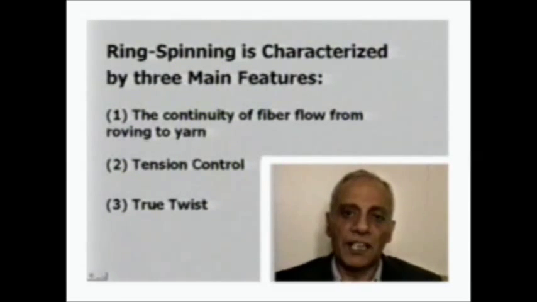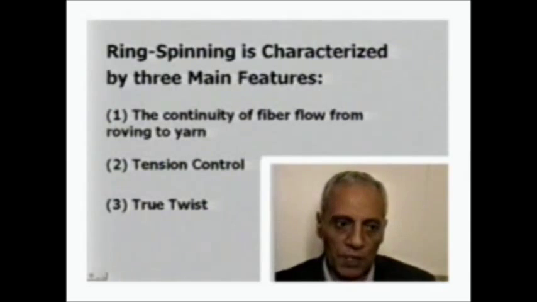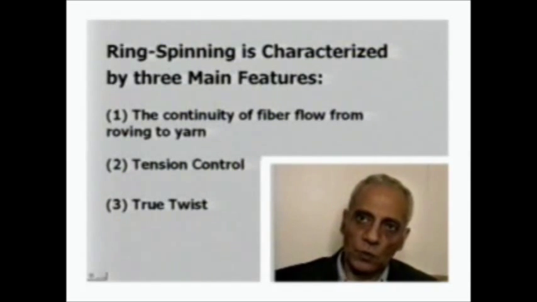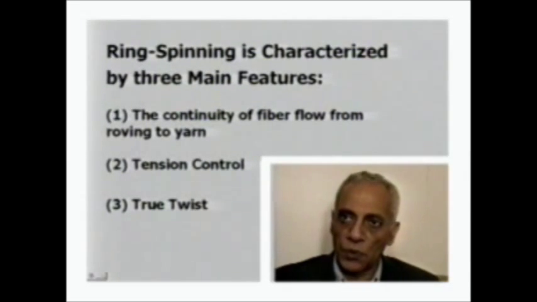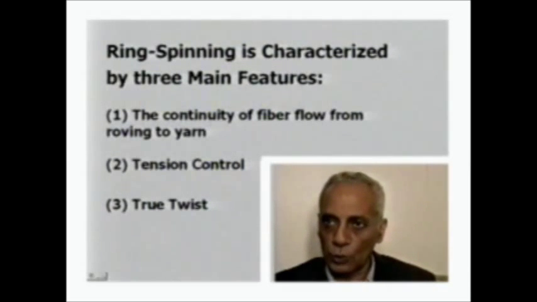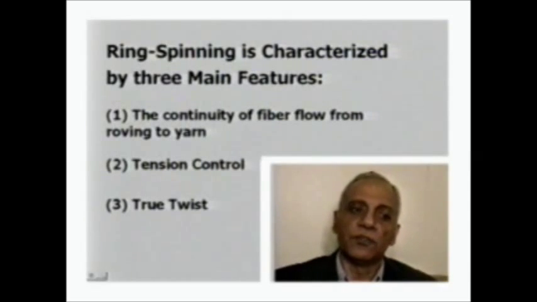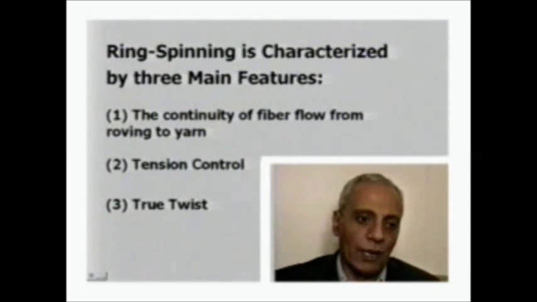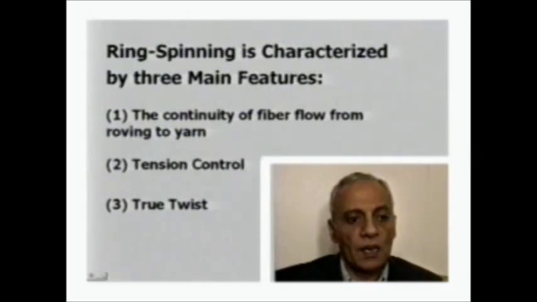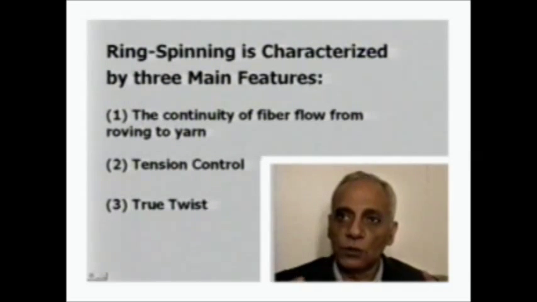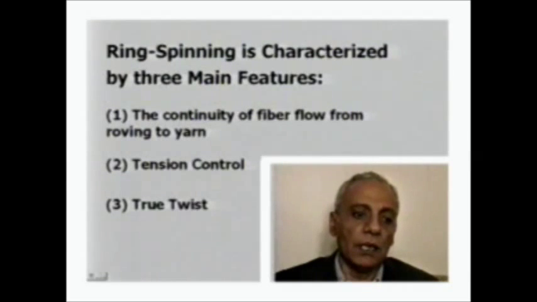Indeed, it will improve as we add drawing during ring spinning. The other issue that we discussed in association with ring spinning is the tension control, and we've seen the balloon shape of the ring spinning, and how this balloon shape and the tension distribution have contributed a great deal to the quality of the yarn in ring spinning.